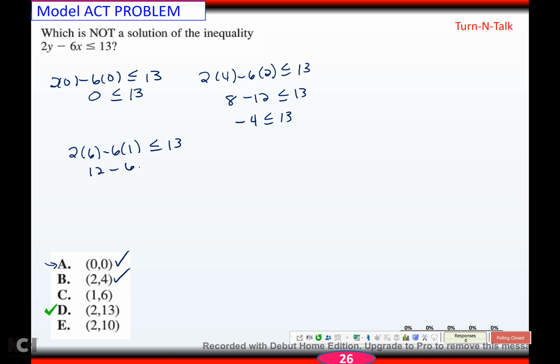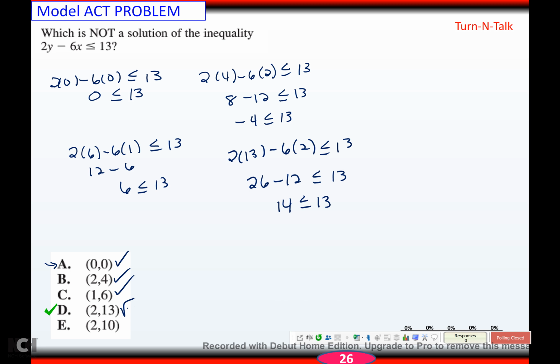That's 12 minus 6 is 6, less than or equal to 13, so true. 2, 13, I have 2 times 13 minus 6 times 2 less than or equal to 13. That would be 26 minus 12, which is 14, less than or equal to 13, which is false. So that's not in the solution.